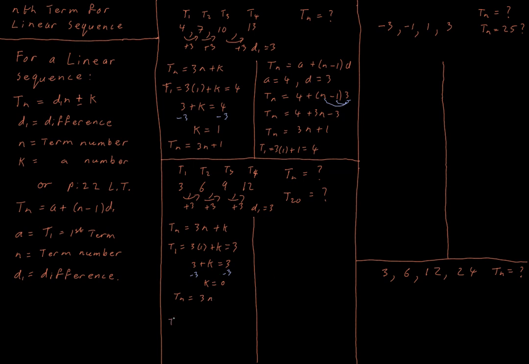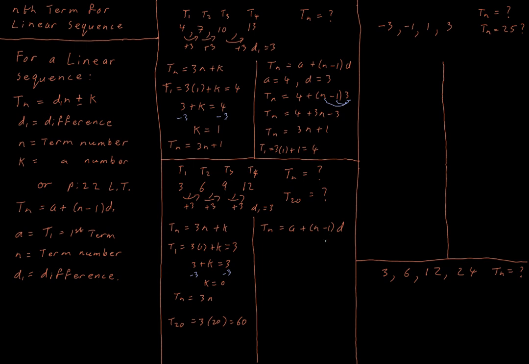And if I wanted to find T20, the 20th term in my list, all I would have to do is put in n is 20, and I get that that would be equal to 60. So let's do it using our other formula. This is simply another way of approaching the problem, which can be useful, particularly when we get into more complex situations.